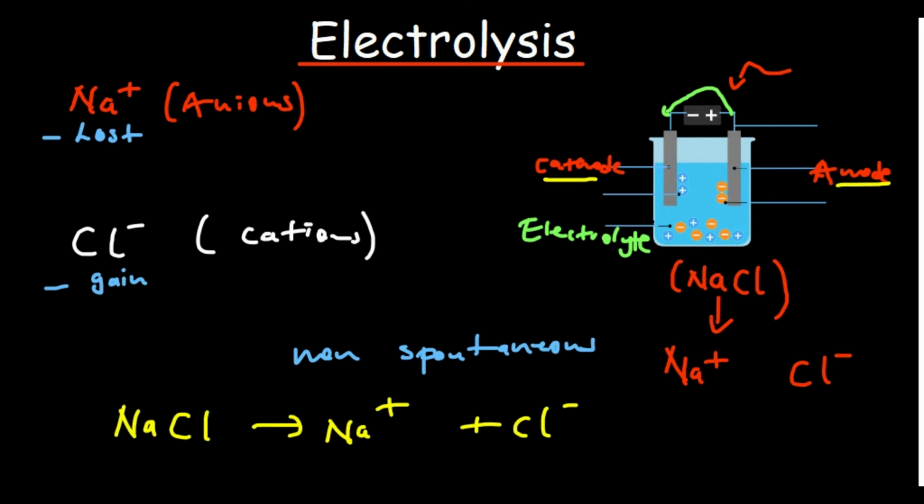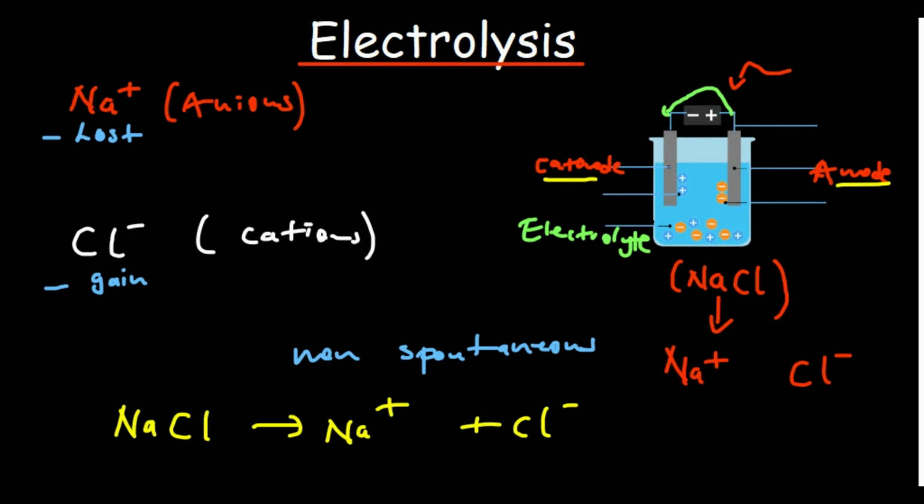So how does that happen? The positively charged ions have lost electrons, so for them to be neutralized back to their original form, they need to gain an electron.